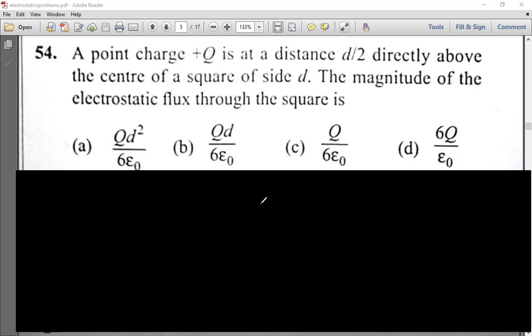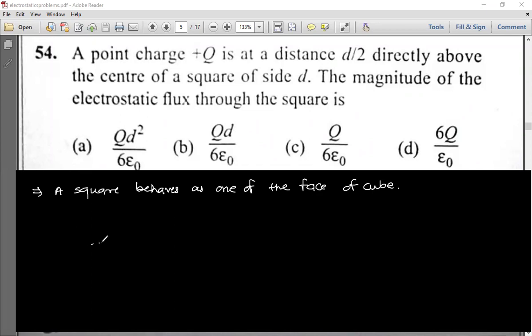What does the square mean? If a square is there, it behaves as one of the faces of a cube, because the faces of a cube are nothing but squares.